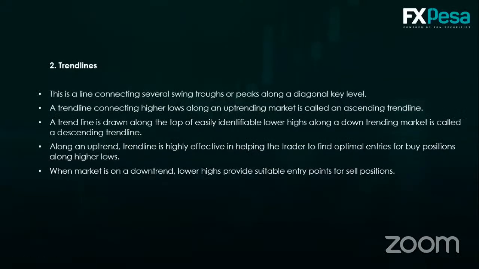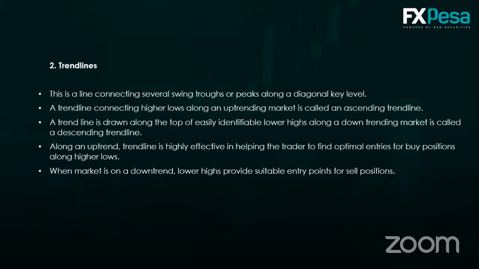The second tool that you can use is a trend line. A trend line is a line which connects several swing lows or swing highs, either along the peaks or along troughs, along a diagonal zone.